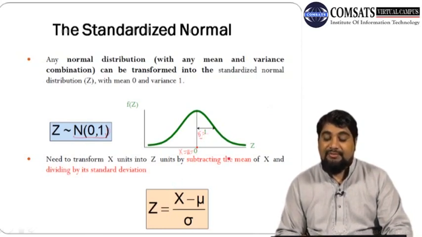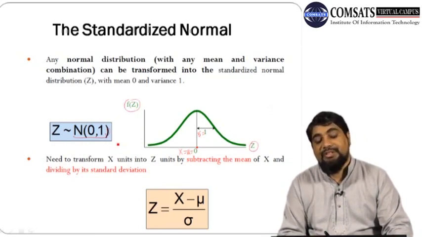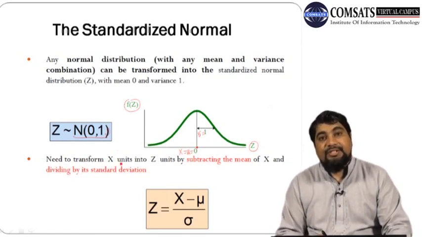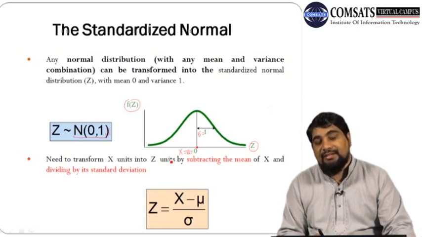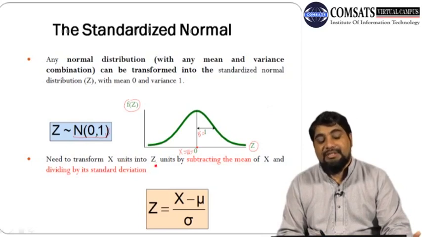On the x-axis we have the random variable z, on the y-axis we have the corresponding probabilities. So we need to transform x units into z units. How can we get a standardized normal distribution? We have to transform the random variable x into a new random variable z. This is obtained by subtracting the mean of x.